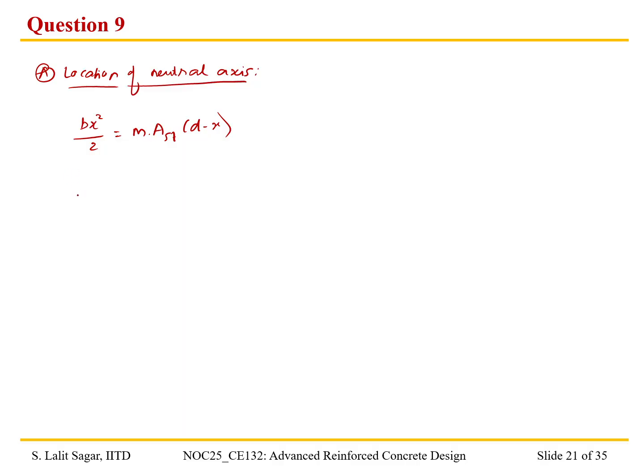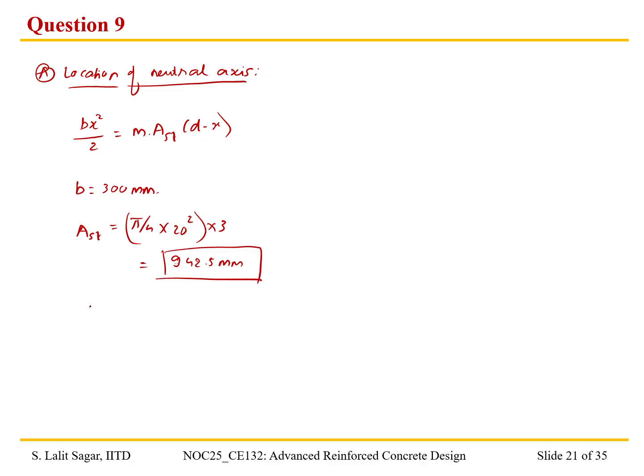So the value of b is 300 mm, and the value of x is to be determined, and Ast is pi by 4 of 20 square multiplied by 3. That is 942.5 millimeter square.